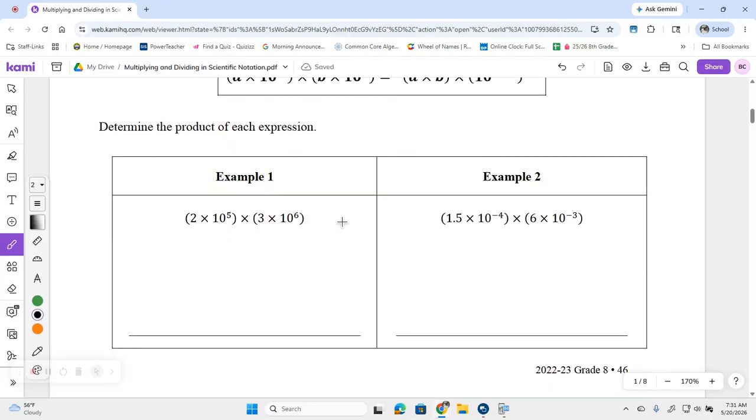2 times 10 to the fifth multiplied by 3 times 10 to the sixth. I'm going to multiply 2 times 3 and then I'm going to multiply 10 to the fifth by 10 to the sixth.